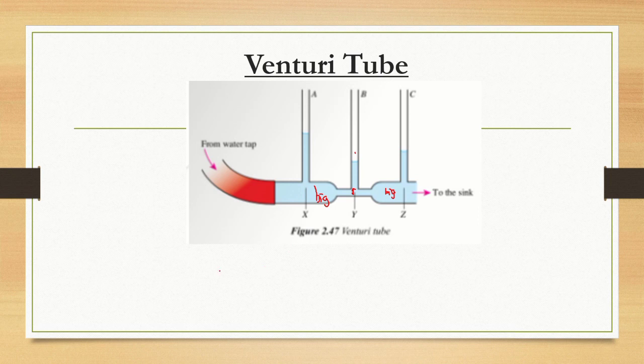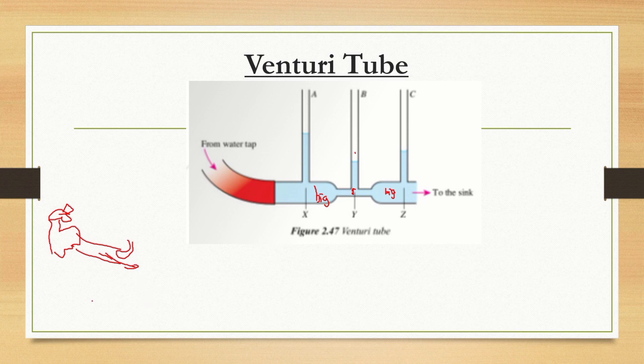Adakah awak pernah main itu air pipe macam ni? So when you try to, yang ni pipe air macam lebih kurang lah. So when you try to use your finger to block this area, this is your finger to block this area, and the water will come out at a high velocity.